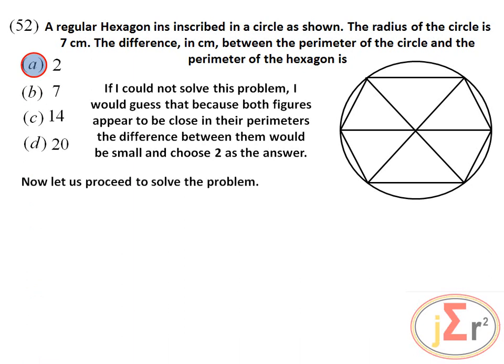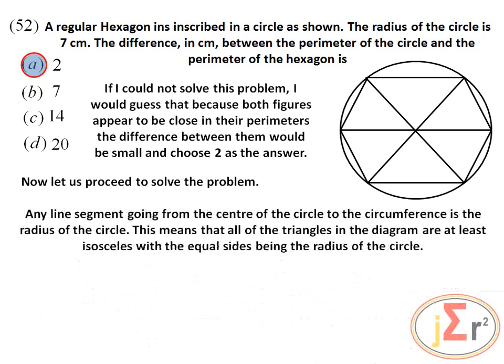Now let us proceed to solve the problem. Any line segment going from the center of the circle to the circumference is the radius of the circle. This means that all of the triangles in the diagram are at least isosceles, with the equal sides being the radius of the circle.